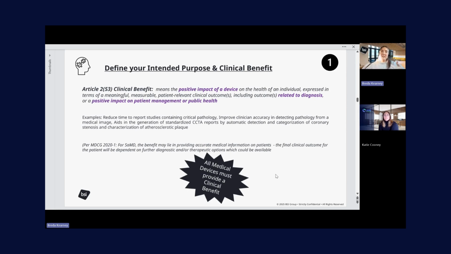You have to provide a clinical benefit, some type of benefit to the patient. It can be direct or indirect, but every device provides a clinical benefit. So if you say that your device doesn't provide a clinical benefit, it will be challenged by your notified body.